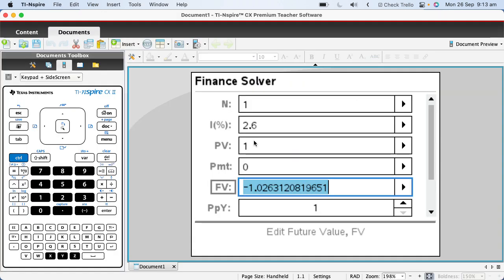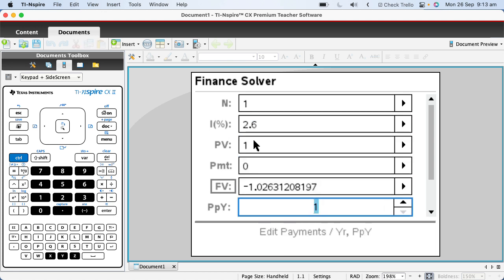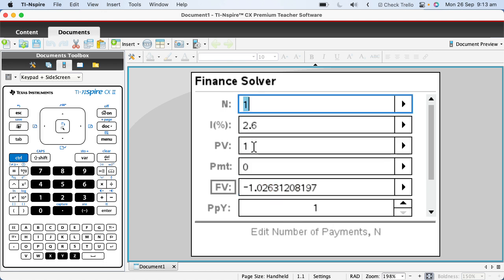Basically, I think you can calculate a whole bunch of things. You can calculate the final value given a principal value or present value. I think you can work out interest rates as well, and you can also work out the number of payments required, just by filling in the information you do have and letting the calculator work out the rest.